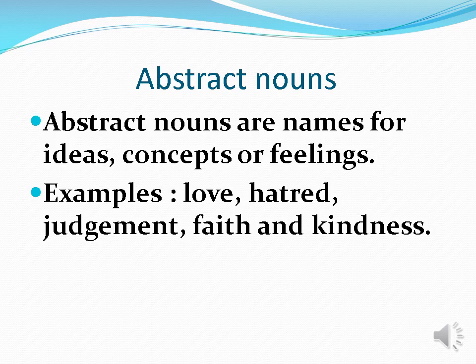I've already mentioned some, but here are some more: love, hatred, judgment, faith and kindness. In other words, they're all different things to different people. What might be hatred for me is not a hatred for you. Similarly, I may judge things in one way, other people may judge things in another way.